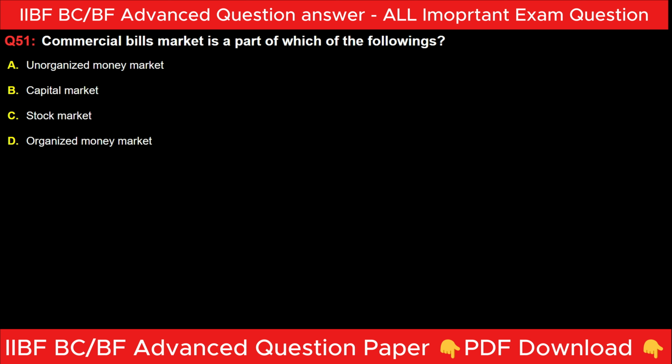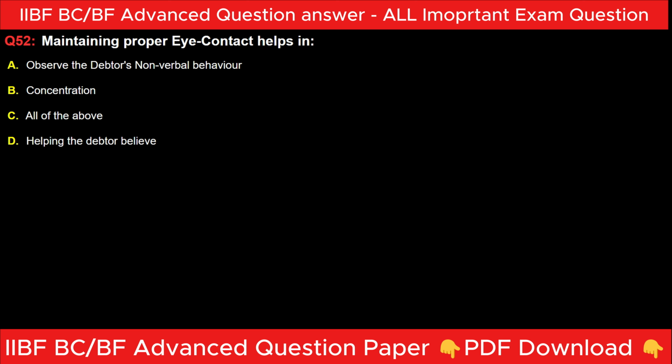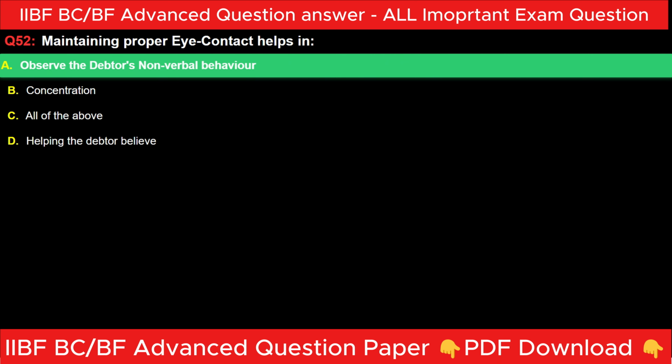Intemperance. Commercial bills market is a part of which of the following? Organized money market. Maintaining proper eye contact helps in observing the debtor's non-verbal behavior.